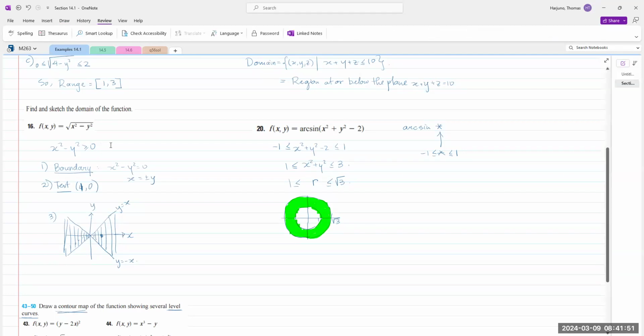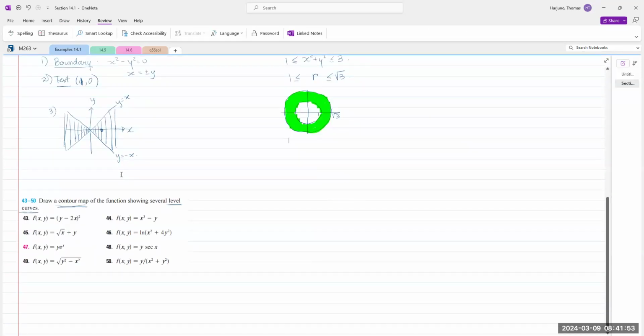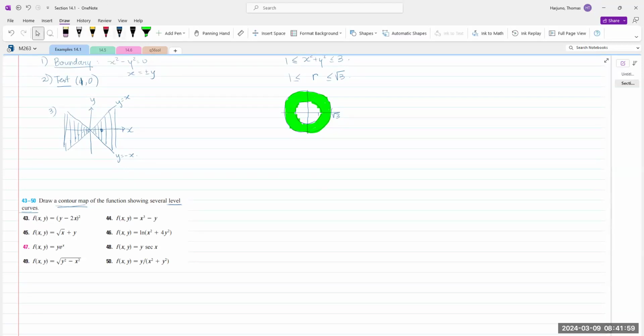Okay, now let's do number 46. I try to pick a good one, an easy one. Number 46 seems to be harder, but it's actually on the easier side. Of course, for number 46, you will see that the domain is given by all x, y where x squared plus 4y squared is strictly greater than 0, right?